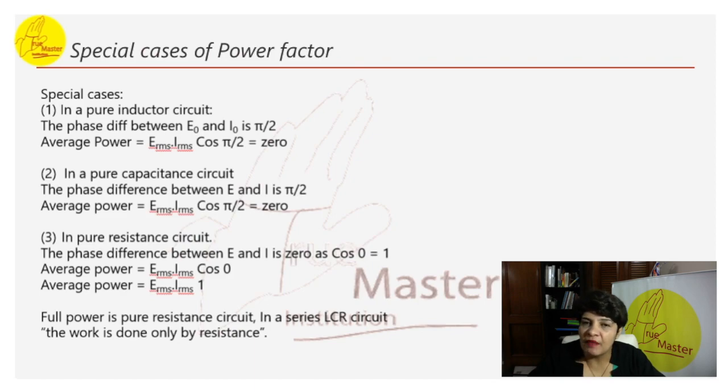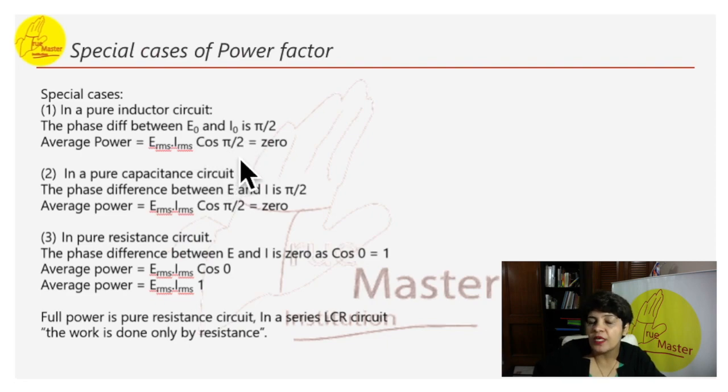Special cases of power factor. We have pure inductor, pure capacitance and pure resistance. You will be amazed to see that pure resistance is very important, because of the resistance, work is being done. The formula for pure inductor in a circuit is E naught I naught cos theta.